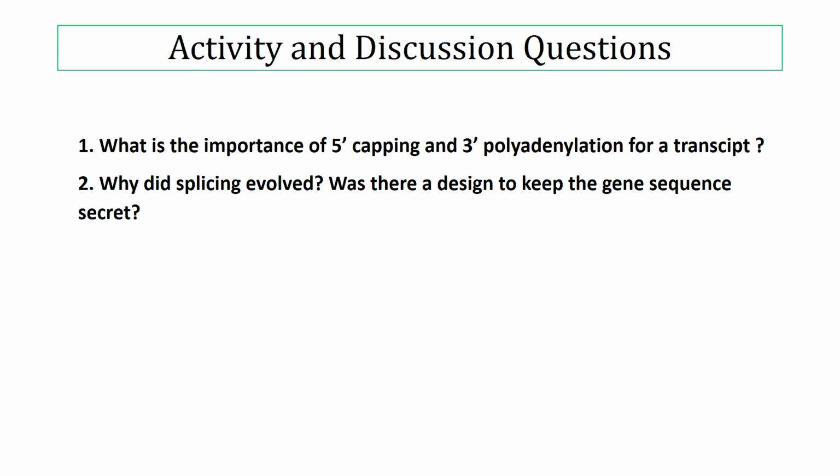Then the next thing, a very important question that you have to find the answer to, is why did splicing evolve? Why was it required that some of the nucleotides that are present have to be removed to finally form the mature transcript? And whether this was a design to keep the gene sequence secret or what, we have to find out this.